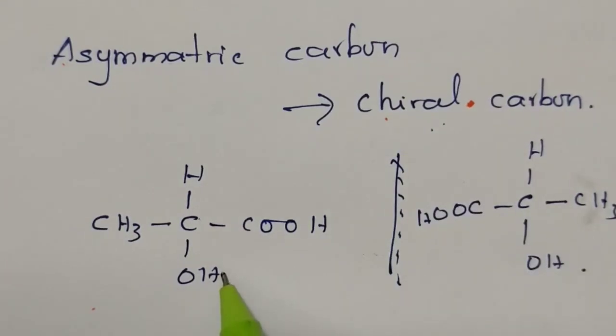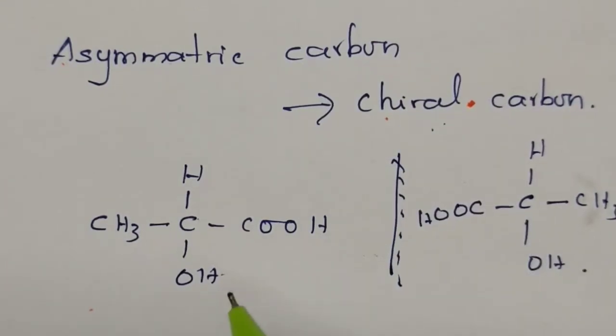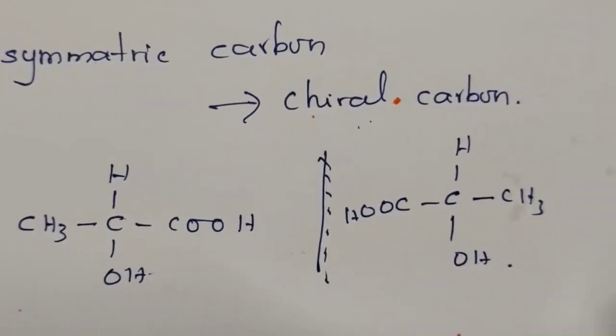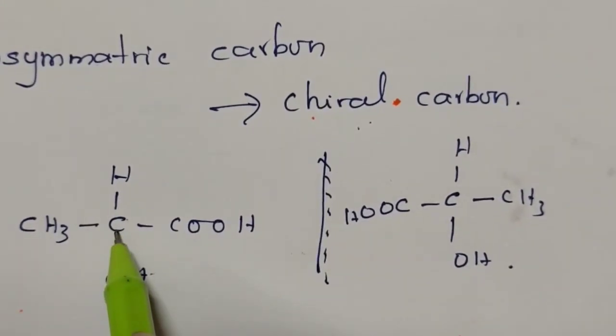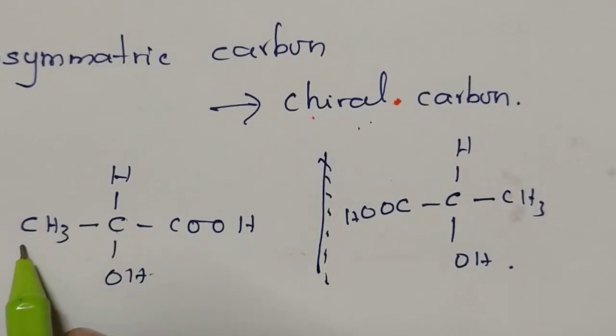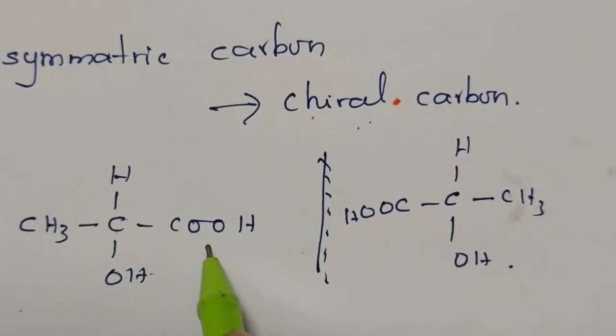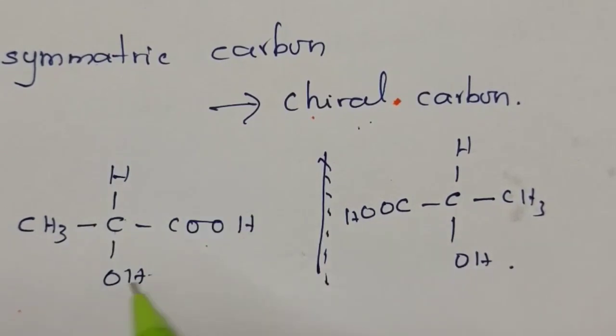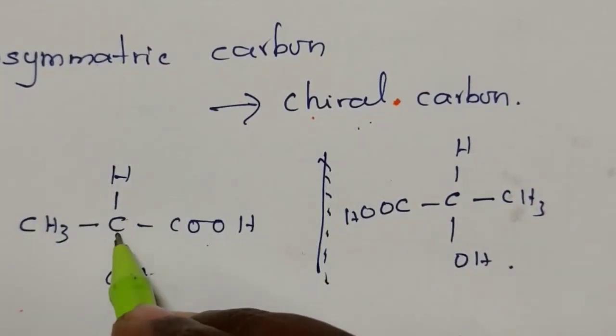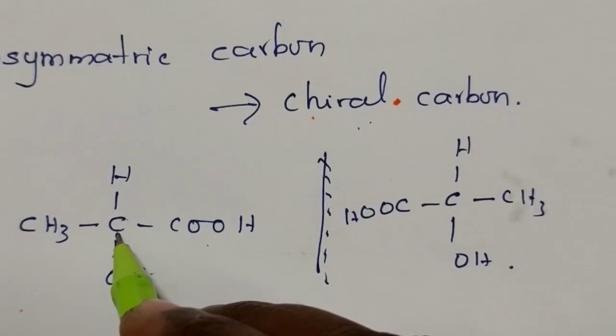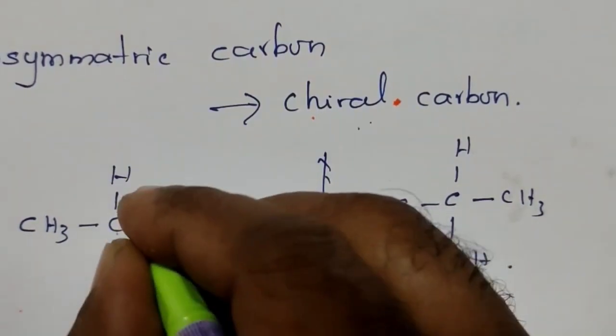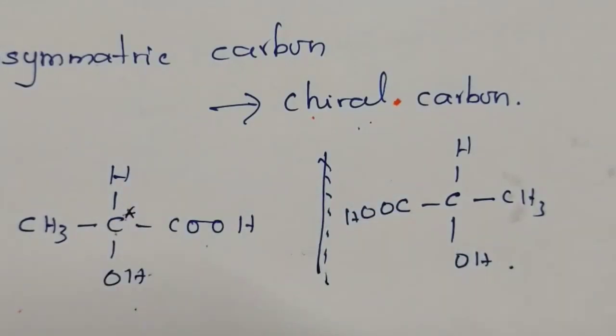For example, this is the structure of lactic acid. The central carbon atom is surrounded by CH3, H, COOH and OH, four different groups. So this atom is an asymmetric carbon, otherwise called a chiral carbon. This chiral carbon is normally represented with a star mark.